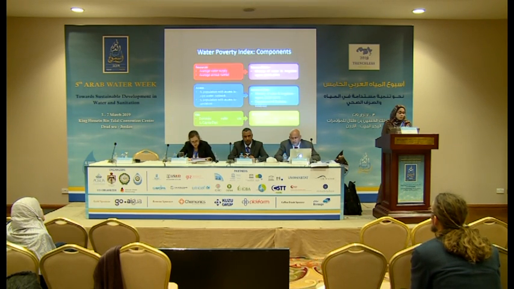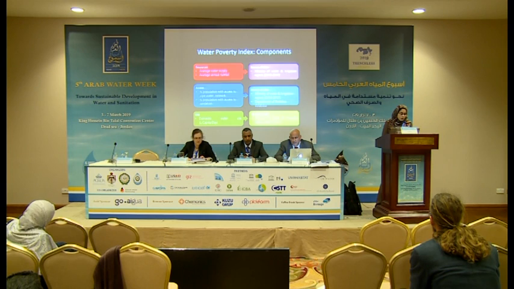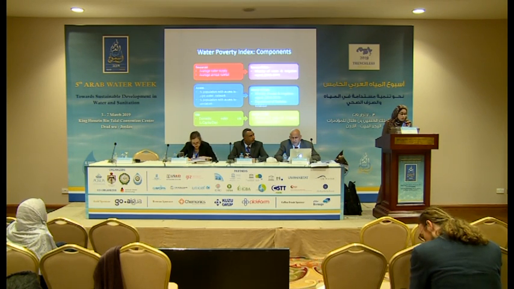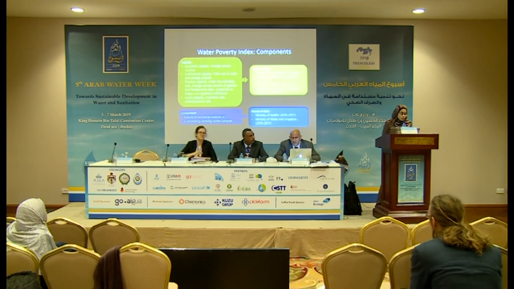In this study, sub-indicators are used to assess each of the 5 components. For resource, we use average water supply and average annual rainfall. For access, the percent of population with access to piped water networks and sanitation are used. For use, domestic water use is used in this component.